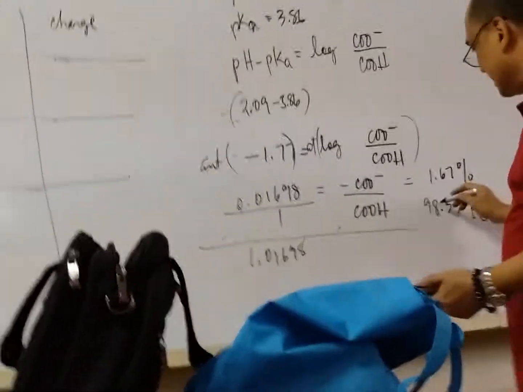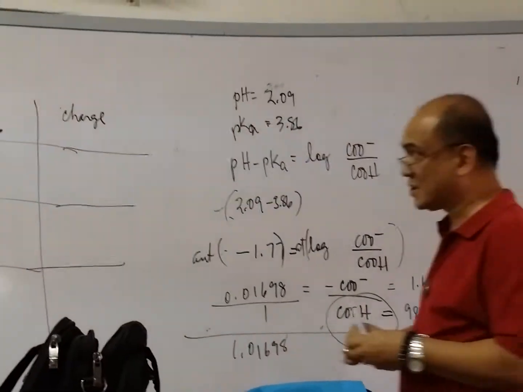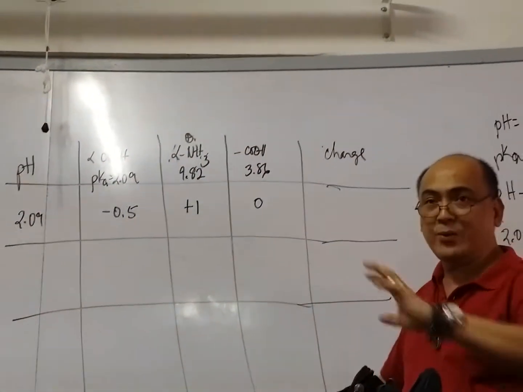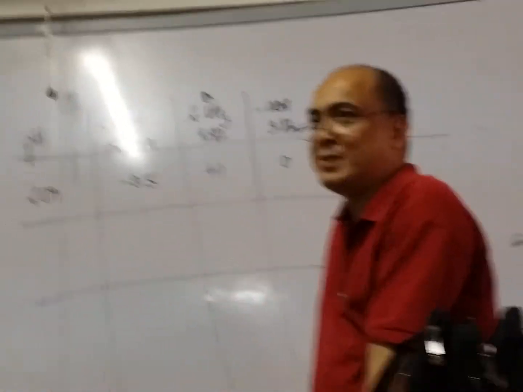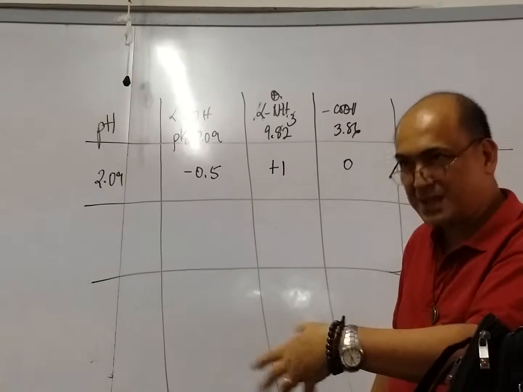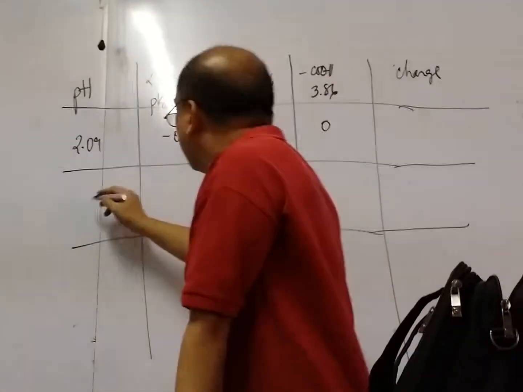So predominantly, it's COOH, 98.33% COOH. So since COOH is 0, the charge of that is 0. So when the difference between the pKa and the pH is about 1, you assume that one of the forms predominates.